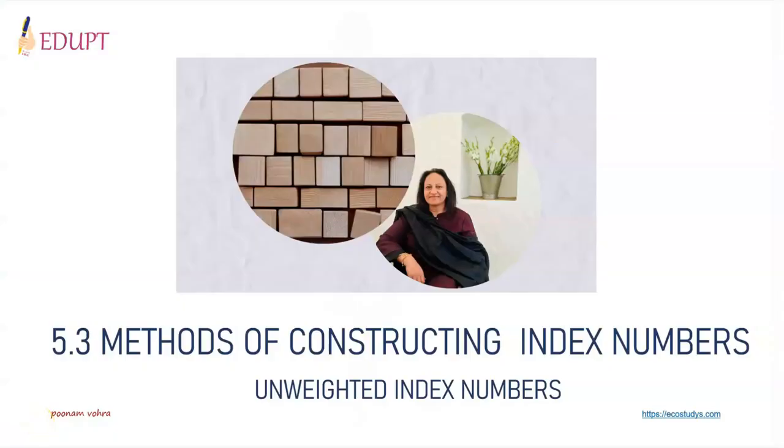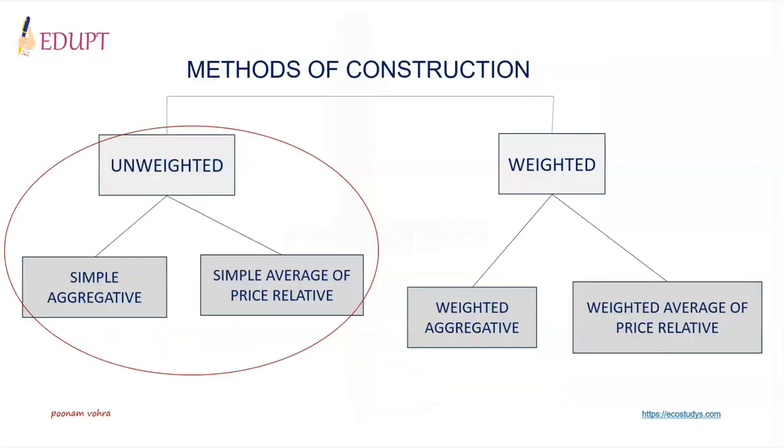Hello everyone. So far you have understood the meaning, features, uses and limitations of index numbers. Also the problems that one faces while constructing the index numbers. Now we shall move on to the methods of constructing index numbers. There are two methods of constructing index numbers.